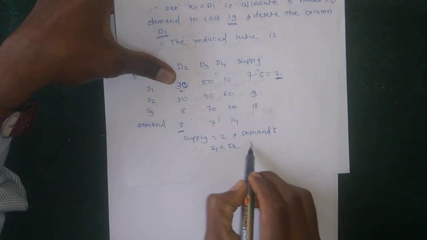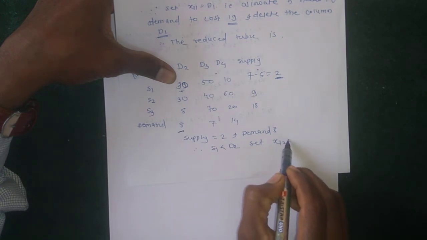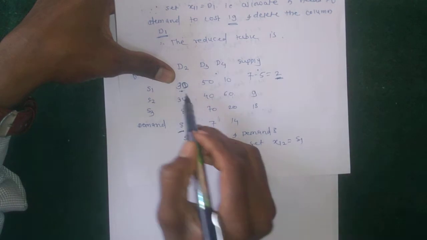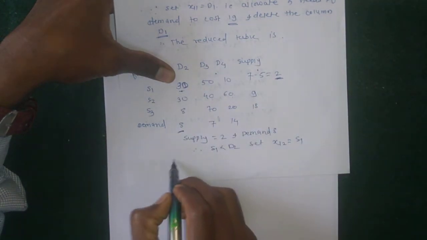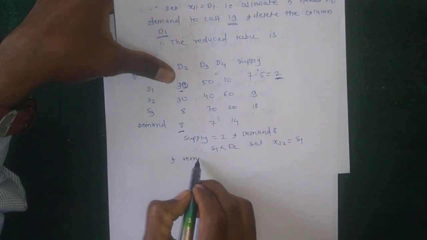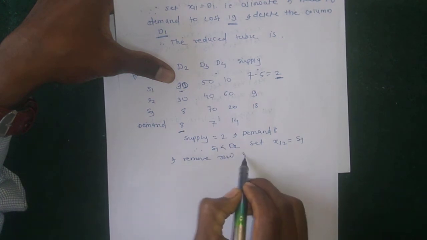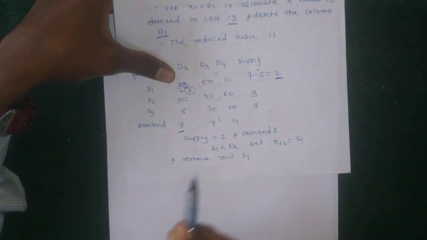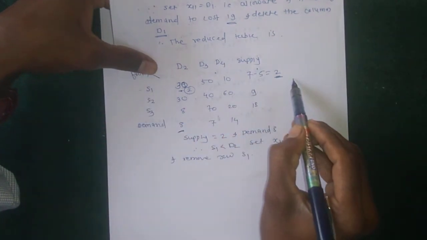So set x12, first row and second column, equal to 2, and remove row S1. The allocation there is 2, and we remove this row.